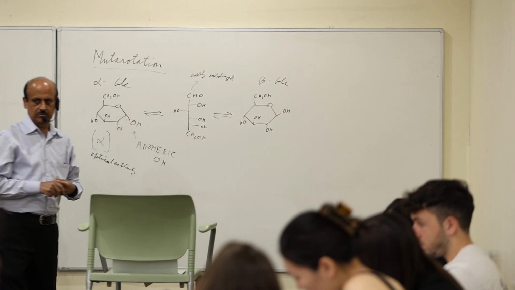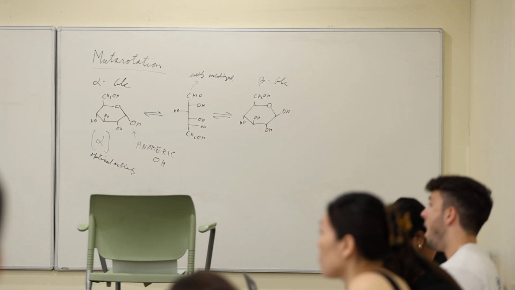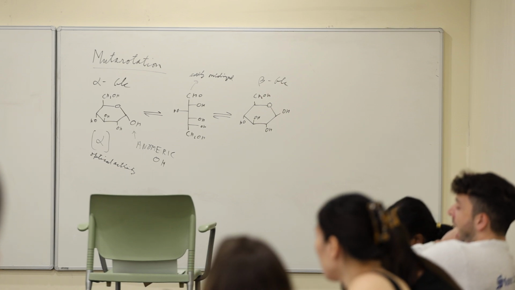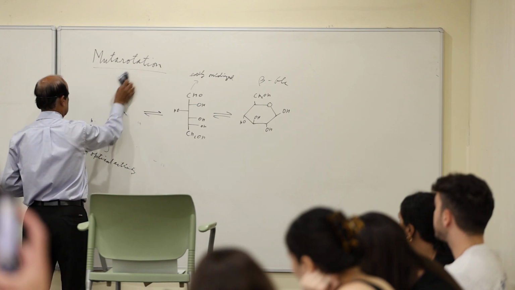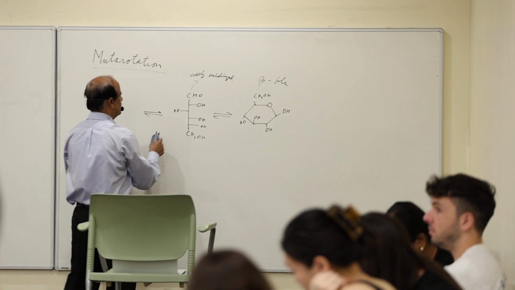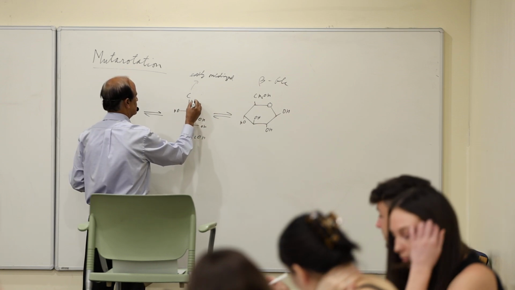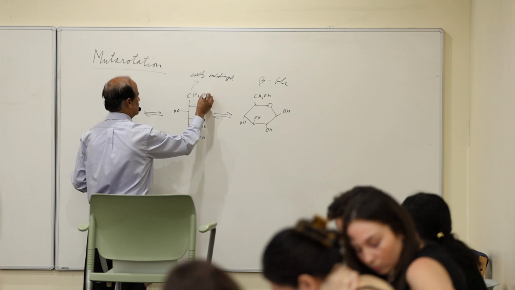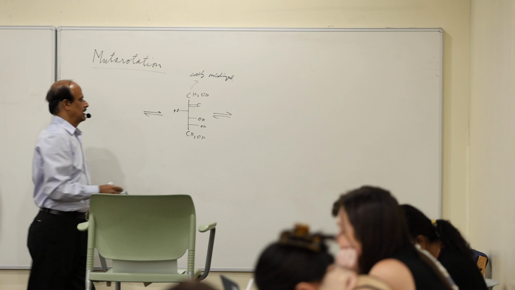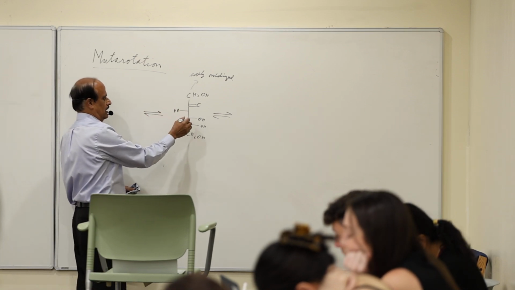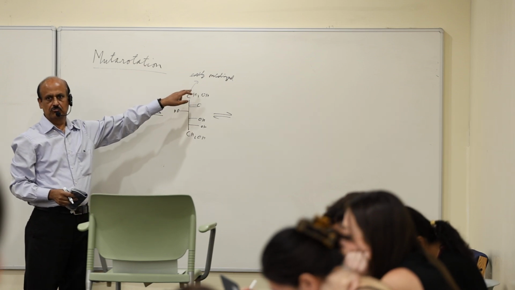Now, someone asked about fructose. Fructose will again have a ketone group at carbon 2. So I'm going to erase this and draw the keto form. To draw the keto form, all you do is put the double bond here. And now again it can form a ring, but it will form a ring at carbon 2 and not at carbon 1.